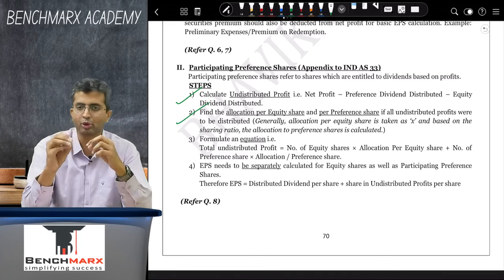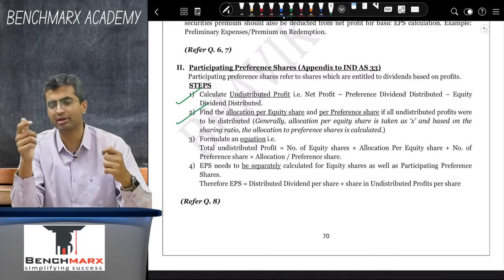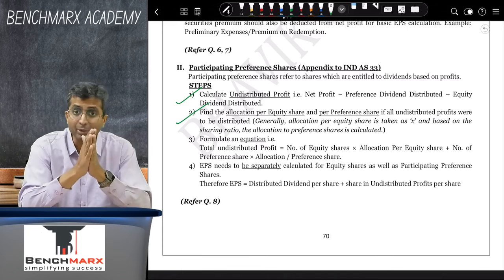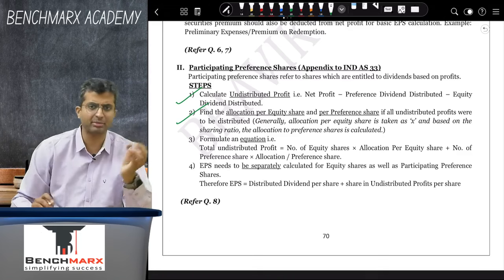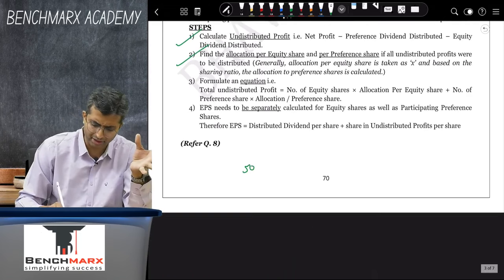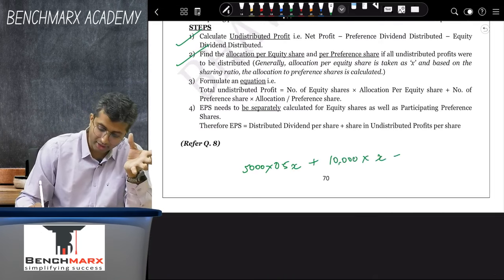That is per share. So you will multiply it by the number of preference shares and multiply X by the number of equity shares. That will give you the total pool of money. So for example, if there are 5,000 preference shares, then 5,000 into 0.5x, and 10,000 equity shares and 10,000 into x, that will give you your undistributed profit, that is 70,000.